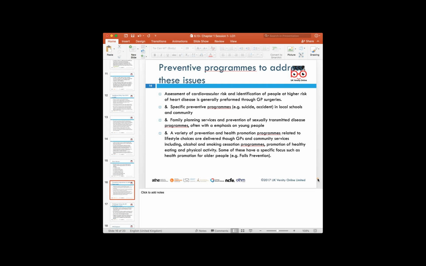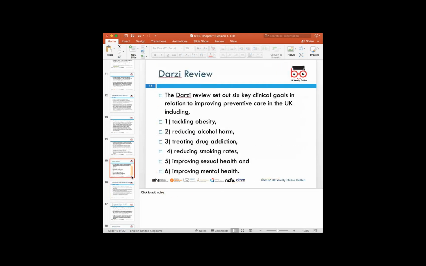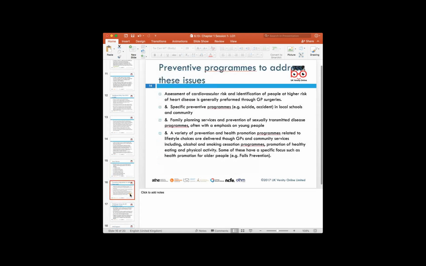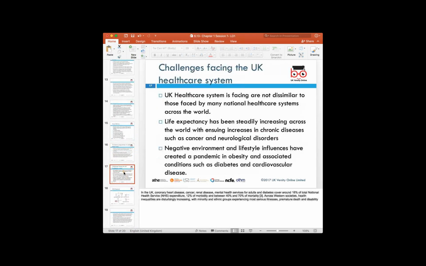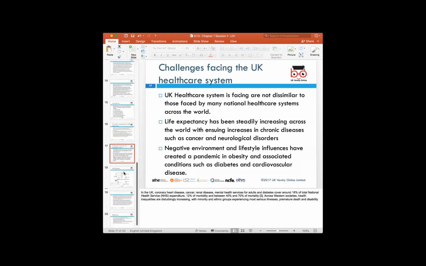This report had 6 particular parts presented in the paper, and these 6 areas were identified as key areas for making improvements within the NHS. So the services within the NHS have to look at 6 particular areas which are going to be major challenges for the NHS going forward in the UK.